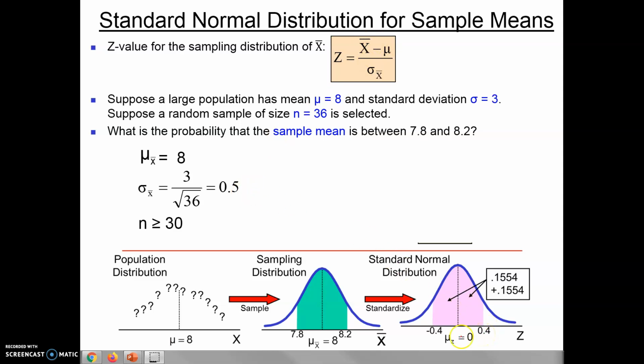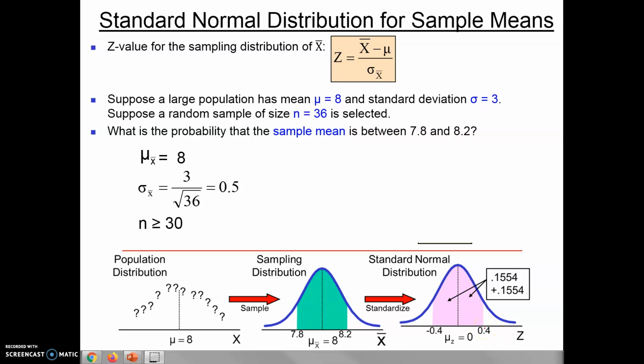So the z-score that corresponds to 8.2 is 0.4. On the other side, 7.8 lies 0.2 from the mean. So we take 7.8 minus 8, which is negative 0.2, divided by the standard error of 0.5 equals negative 0.4. So our z-values are negative 0.4 on the left-hand side and positive 0.4 on the right-hand side.